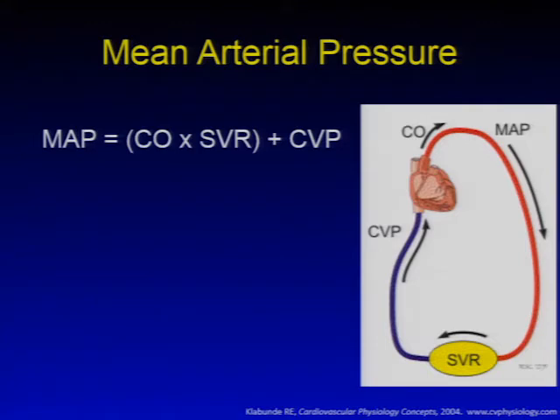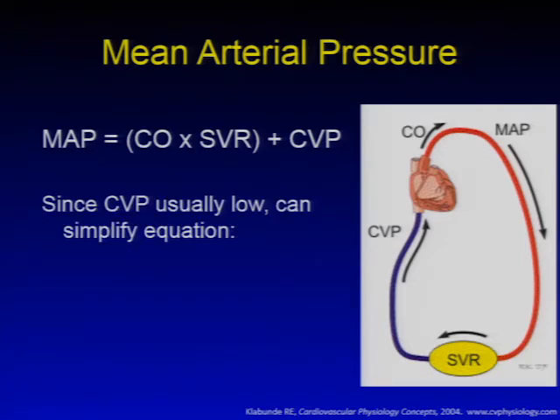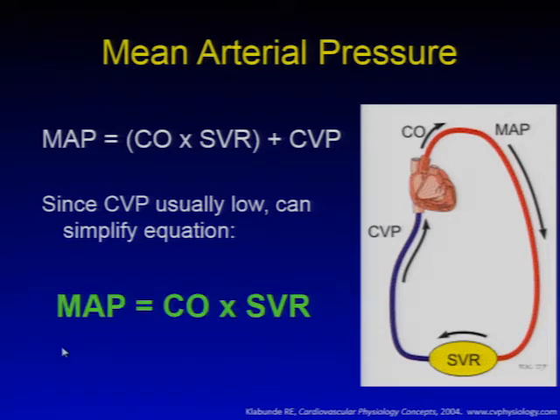Mean arterial pressure is also highly dependent on systemic vascular resistance. You can also calculate mean arterial pressure if you have a cardiac output and CVP: mean arterial pressure is equal to cardiac output times SVR plus CVP, or if CVP is very low, you can eliminate that from the equation.